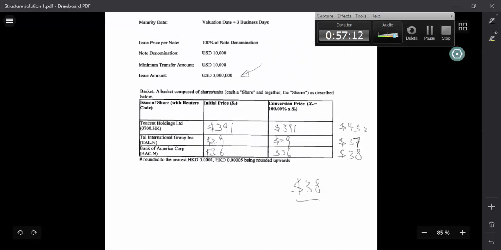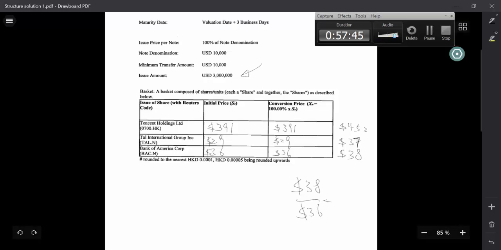What's 38 divided by 36? It's 2 divided by 36, roughly 5.55%.